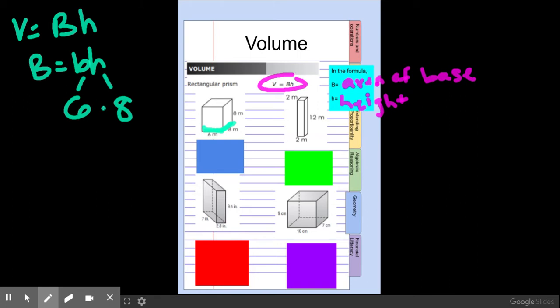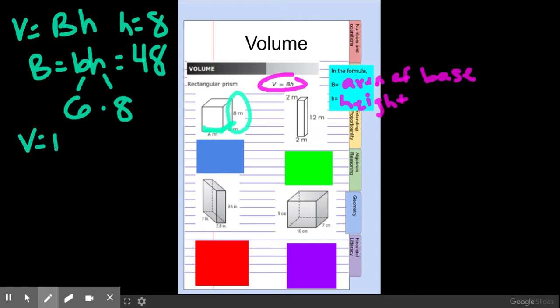So 6 times 8 is 48. So my big B is equal to 48. And then the other piece of information I need to know is my height of my prism. So my height of my prism is right here. It's how tall it is. So it's 8.